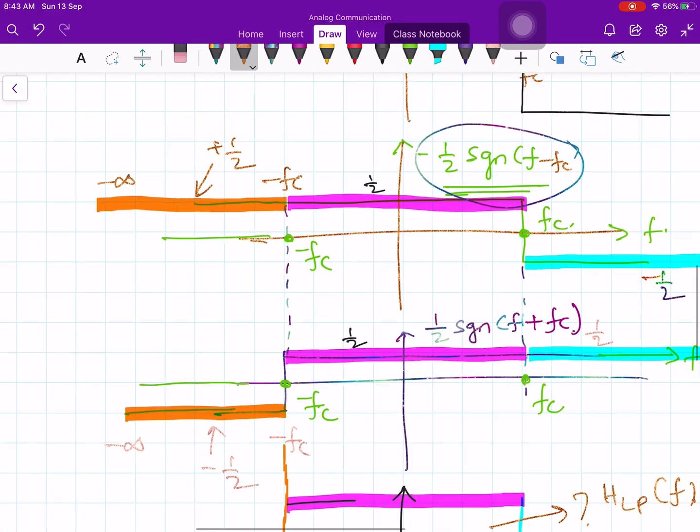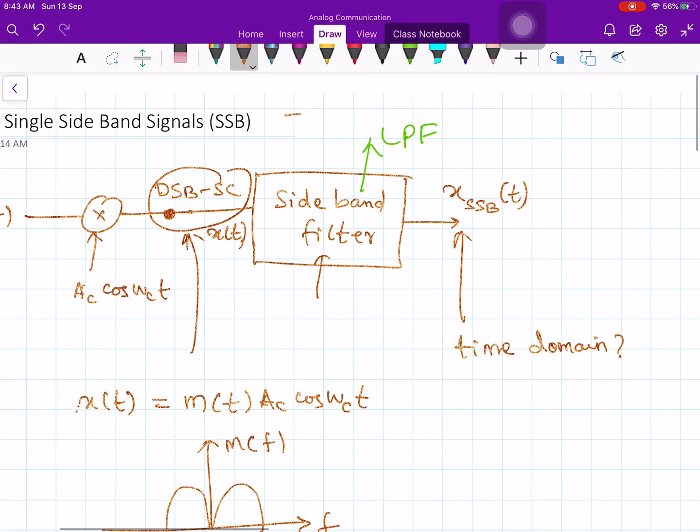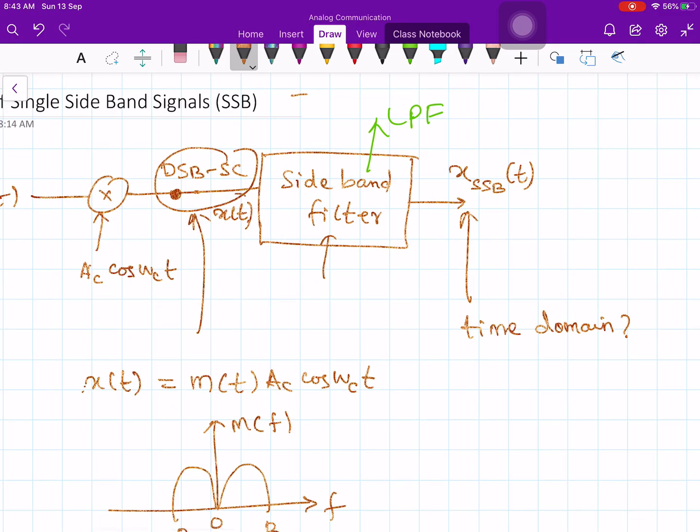Therefore, you look at the figure which we started with. This one is x of t, and here x b of t. If you take Fourier transform, this is x of f and this filter has h low pass filter of f. So, this is let us say x SSB of f.